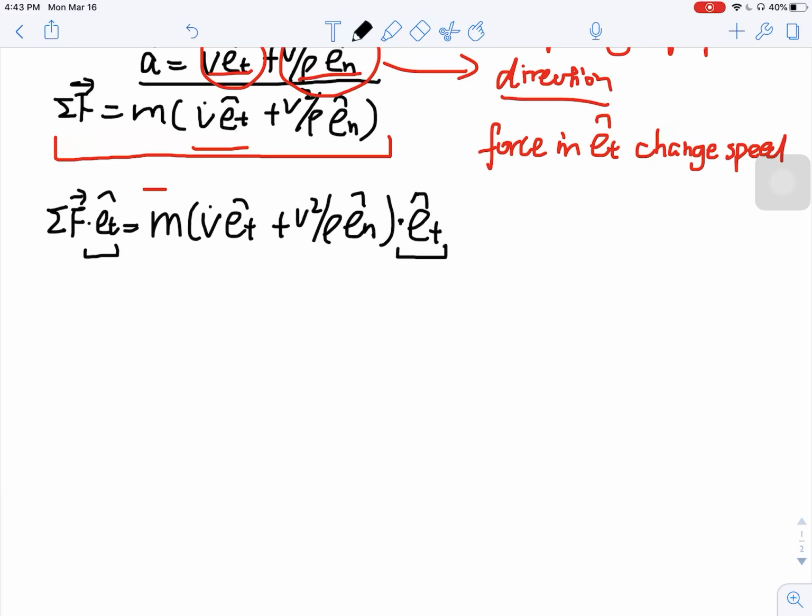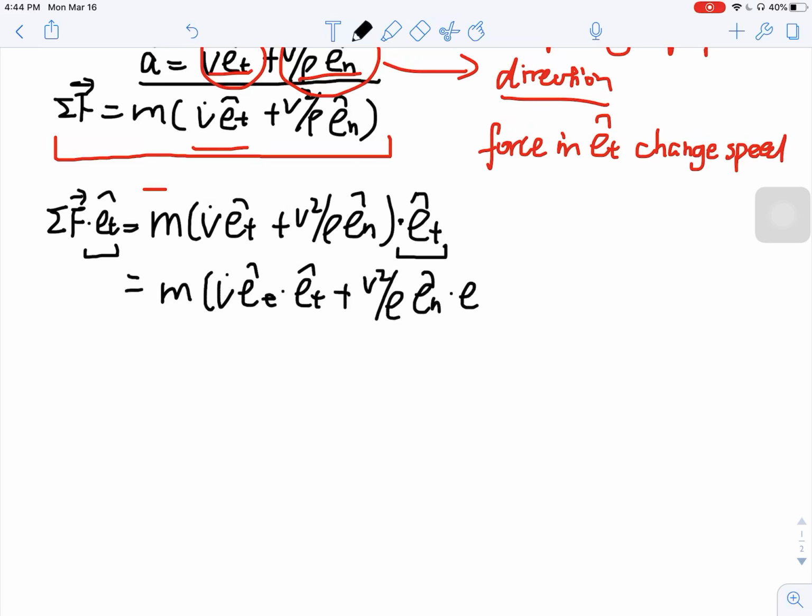We can put this dot product into the parenthesis. Let's see what we end up with: v dot et hat dot et hat plus v squared over rho en hat dot et hat.